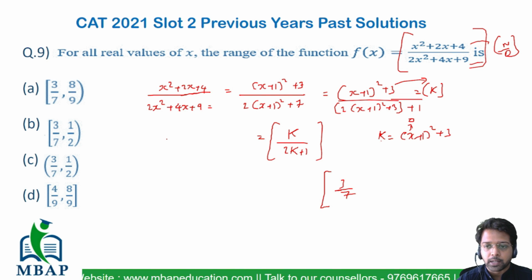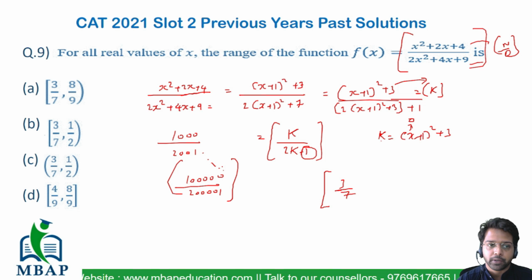But if you look at the kind of pattern that we can make out of it, the larger the value of k, the smaller the significance of the plus 1. For example, if k is 1000, 2k plus 1 will become 2001. If k is 1 lakh, this will become 2 lakh 1. Clear? This will obviously be any value which is less than 0.5.